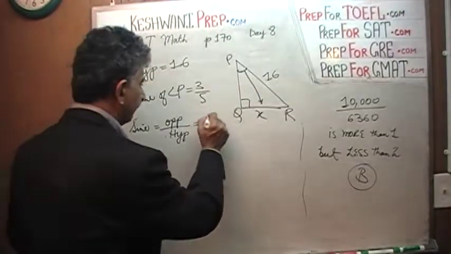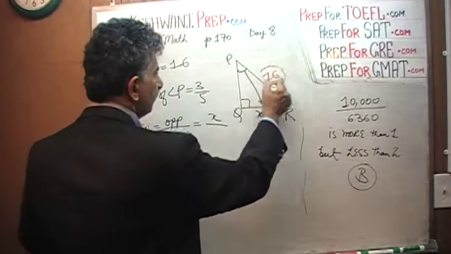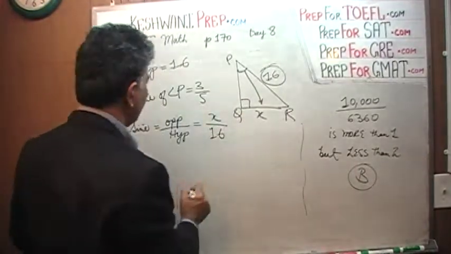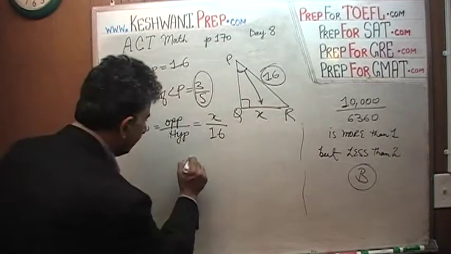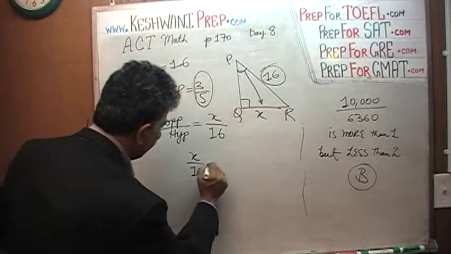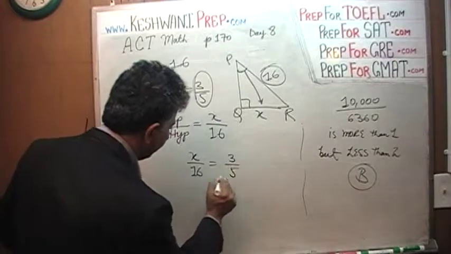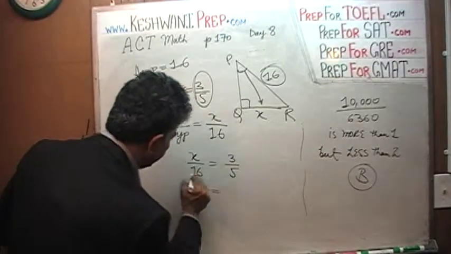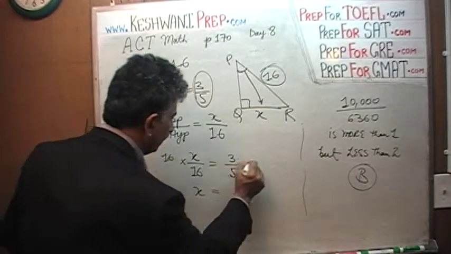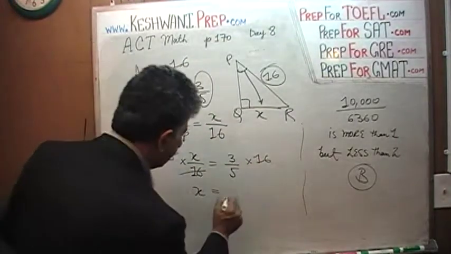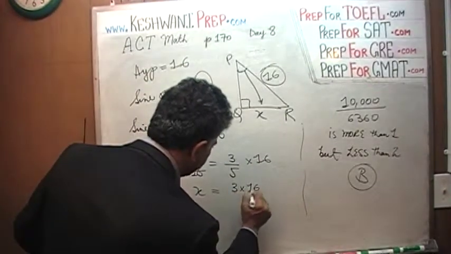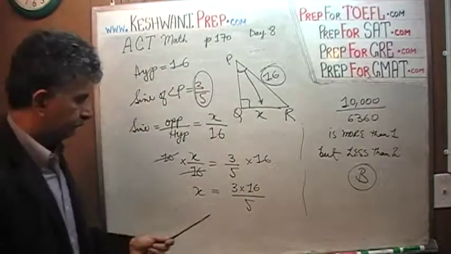So that's your x over the hypotenuse, which is 16. And that we are told is 3/5. So we just equate the two and solve for x. X over 16 equals 3/5. And therefore if we multiply both sides by 16, x is going to be 3 times 16 over 5.